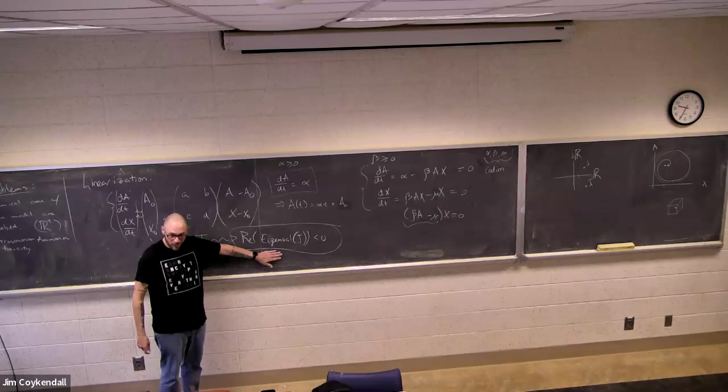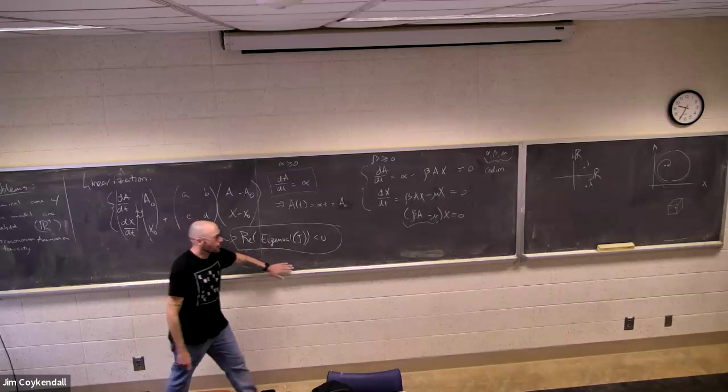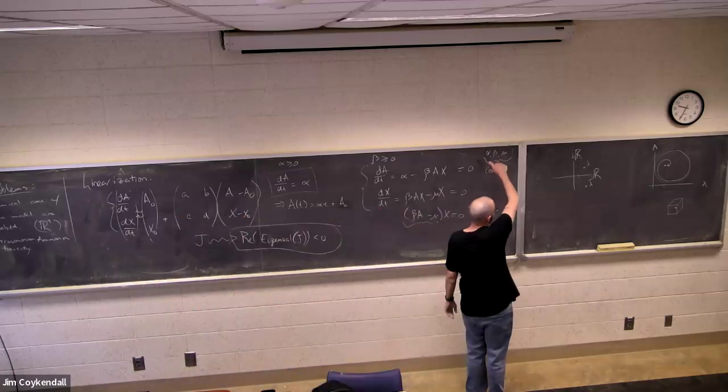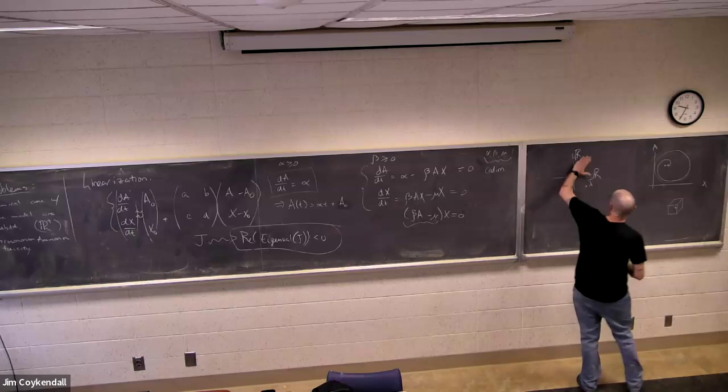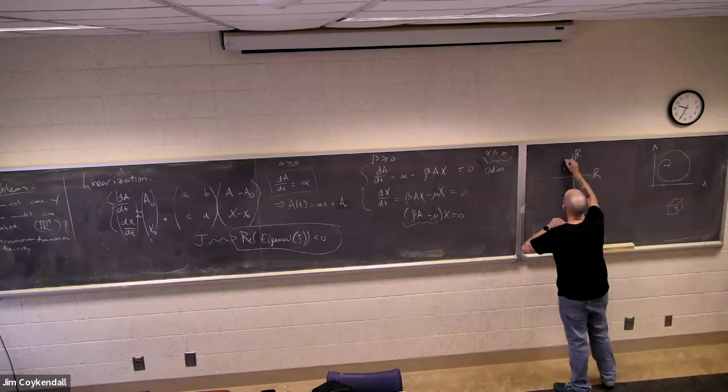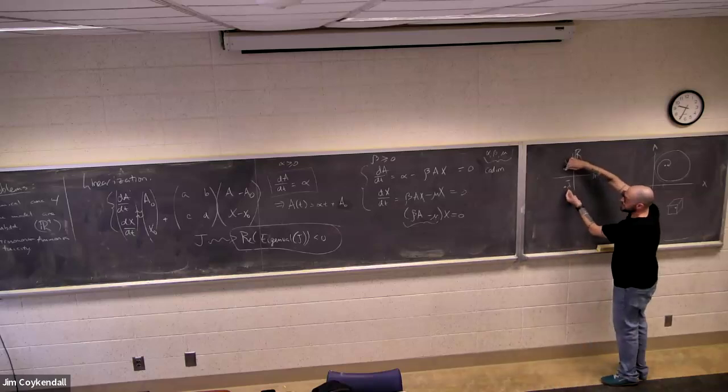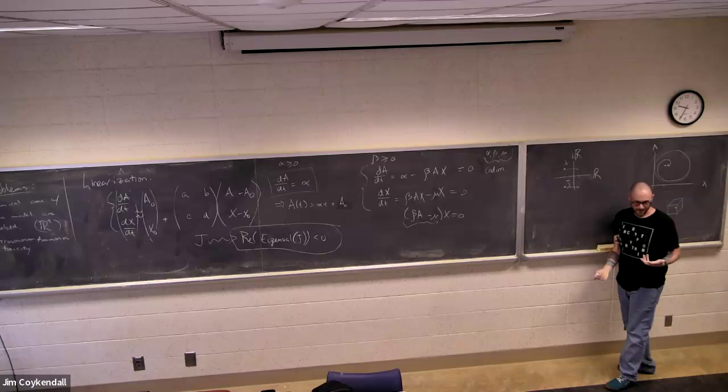If it's positive, the point is unstable. So as I change this alpha parameter, we start here, and these things may end up crossing the complex axis. When that happens, the sign changes.